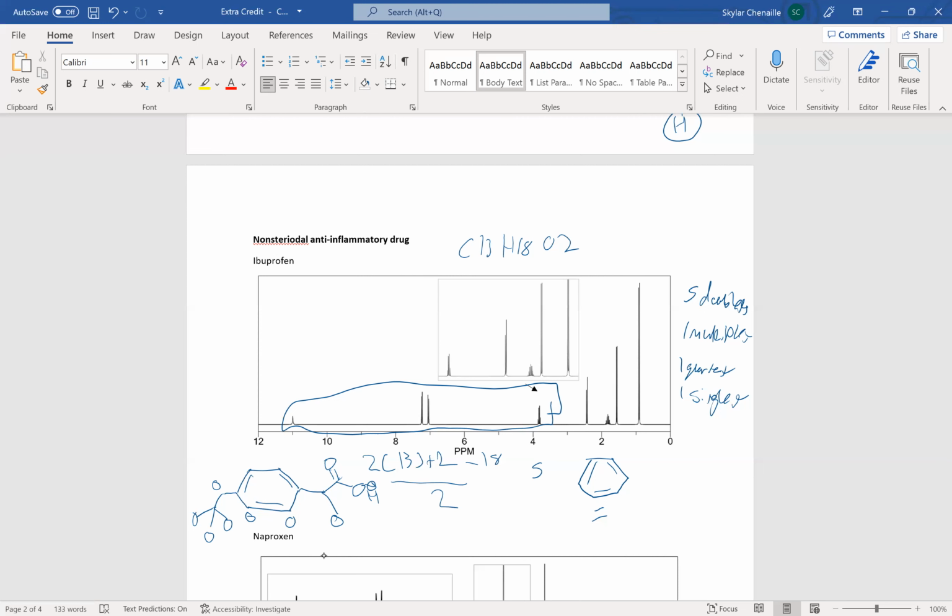So we have 1, 2, these two are equivalent, 3, 4, 5, 6, 7, 8. These signals we have 1, 2, 3, 4, 5, 6, 7, 8. Okay.